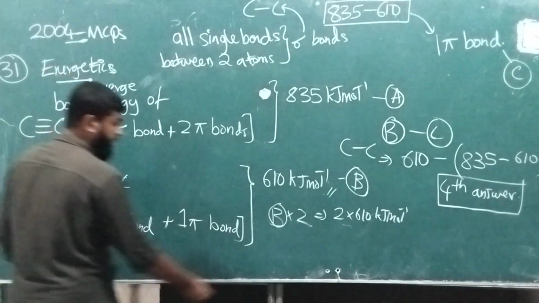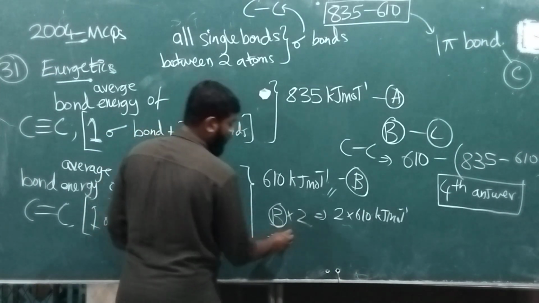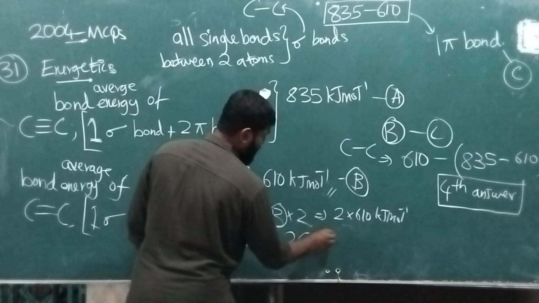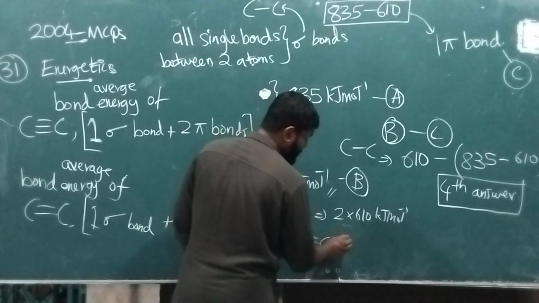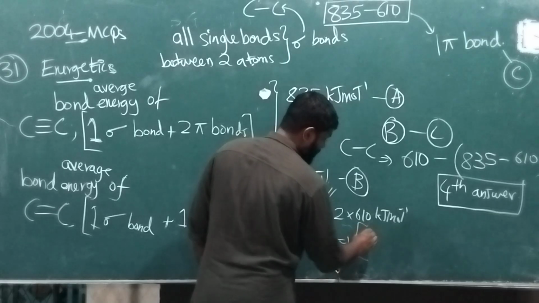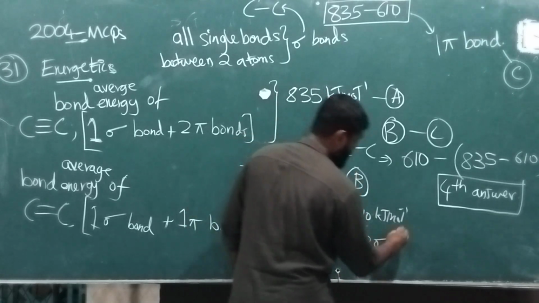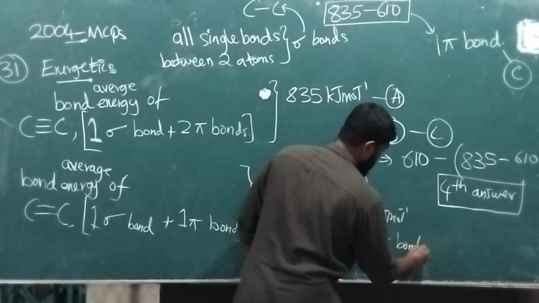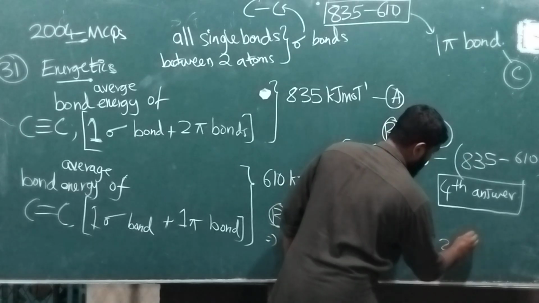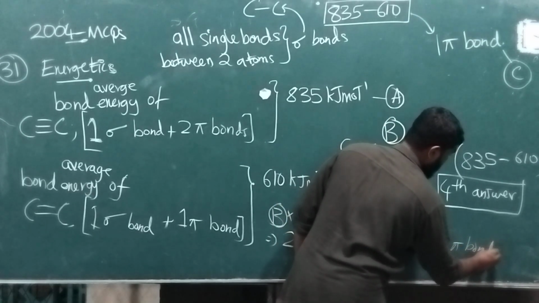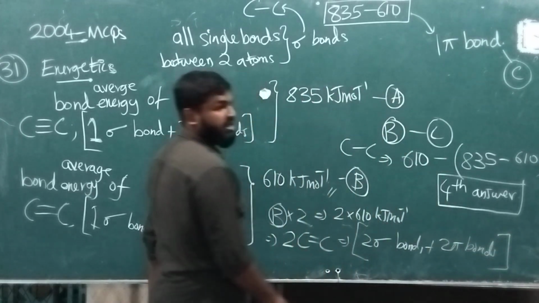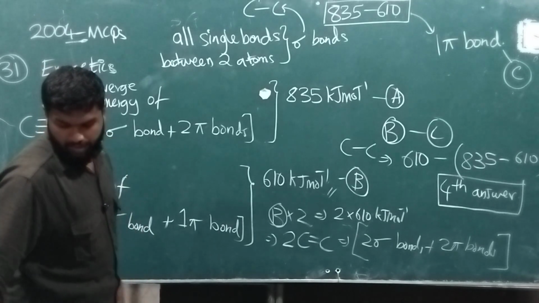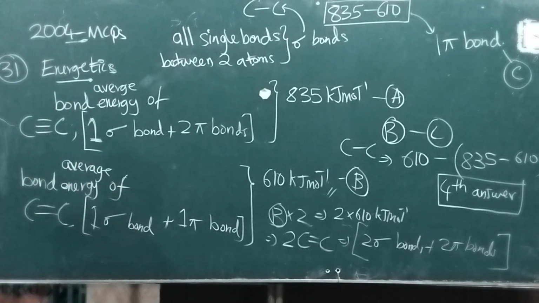Understood? So you will have 2 C double bond C here, which means 2 sigma bonds plus 2 pi bonds. Now you have 2 sigma bonds and 2 pi bonds.